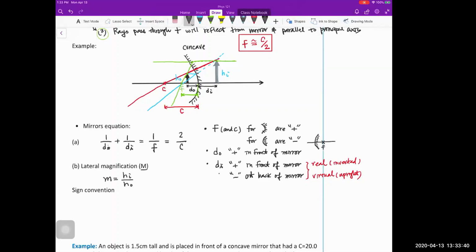If the image is larger than the object, the lens or the mirror is enlarging the object into an image, and vice versa. Now, this one is equal to minus di over do. Pay attention to the minus sign over here.